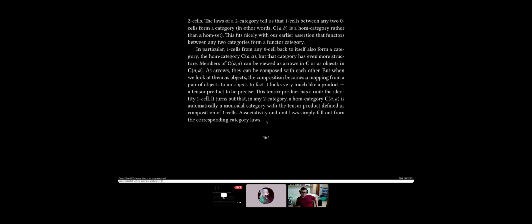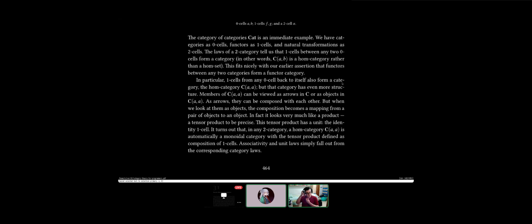In particular, one cells from any zero cell back to itself also form a category, the home category C from A to A, but that category has even more structure. Members of that can be viewed as arrows in C or as objects in C from A to A. As arrows, they can be composed with each other, but when we look at them as objects, the composition becomes a mapping from a pair of objects to an object.